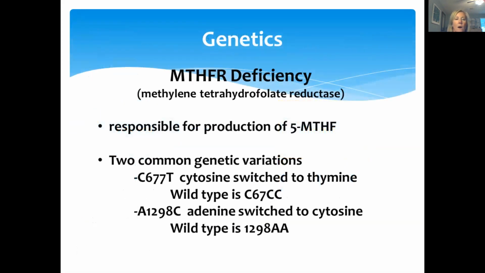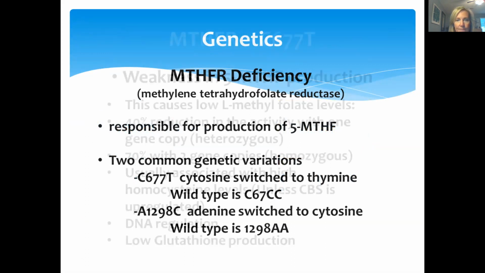Okay, so the two common genetic variants that we're going to talk about today are the MTHFR C677T and the A1298C. And it's not really important to memorize what amino acids are substituted in the DNA base. Just know that when you have these gene variants, your enzyme doesn't function as efficiently as it should.